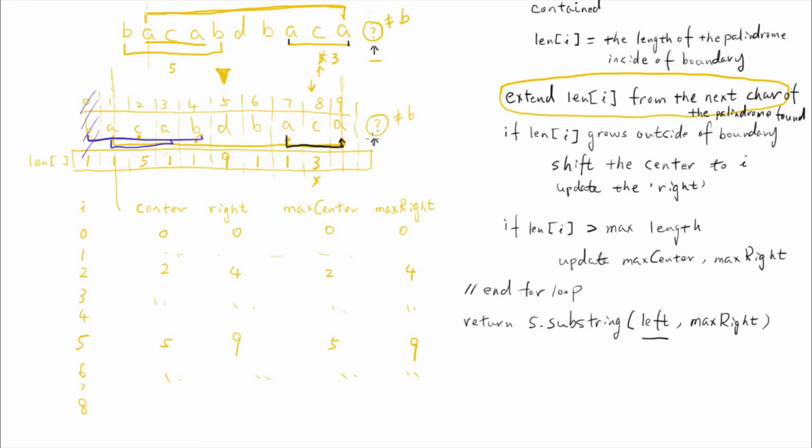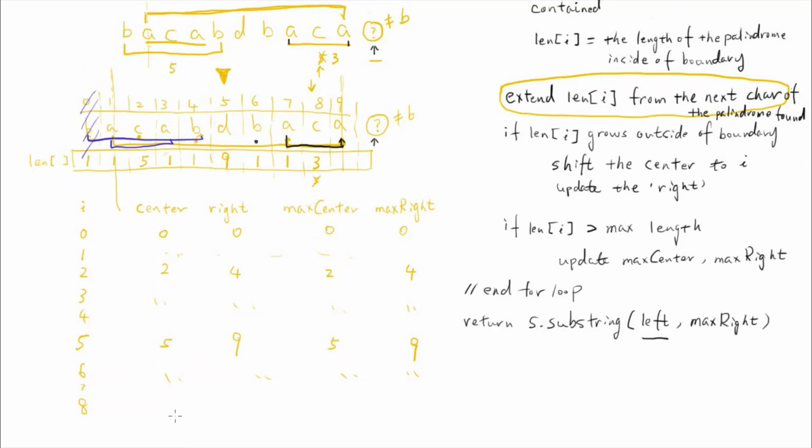This character is not visited yet, but we know for sure it doesn't equal B. So unfortunately, in this example, we cannot extend from C because the character on the left side is B and this character is not equal to B. So we cannot extend from C, and the length for the center C remains as 3.